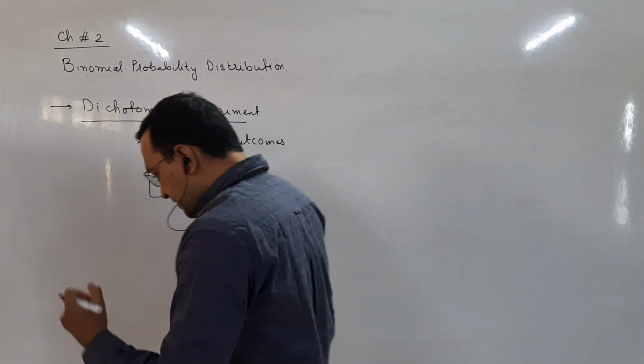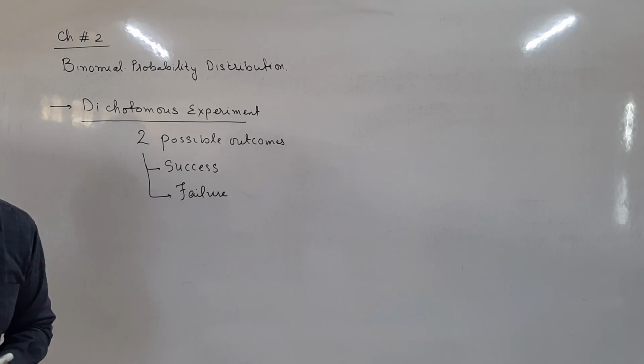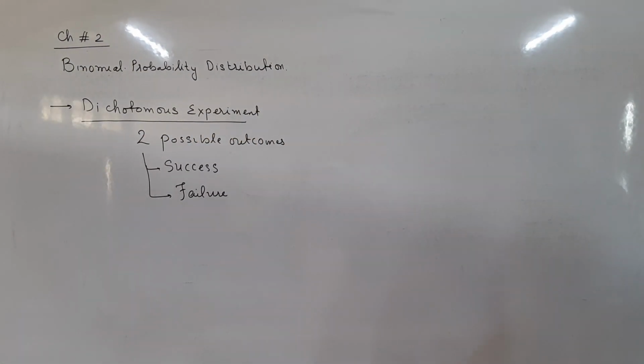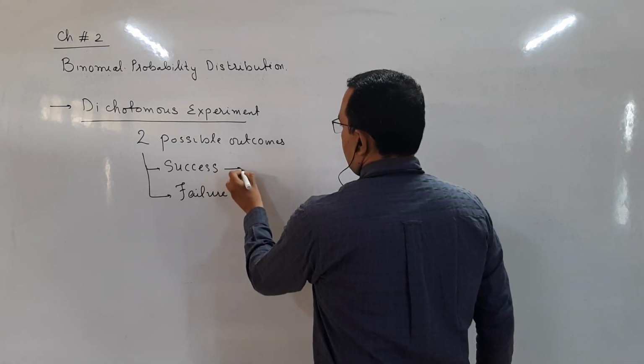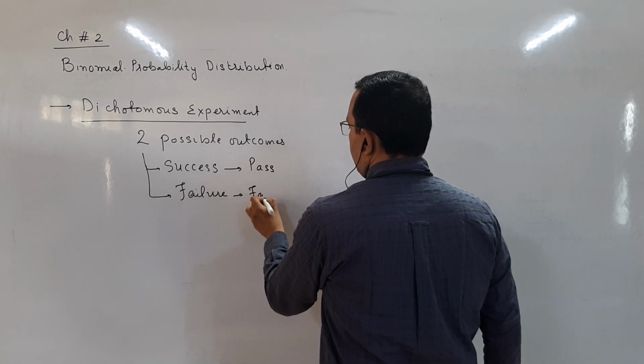So what we are discussing, students, try to understand. In practice, we come across random experiments which have only two outcomes, of which one we call success and the other we call failure. The best example I gave: you appear for an examination, you pass the examination is success, and you fail the examination is failure.